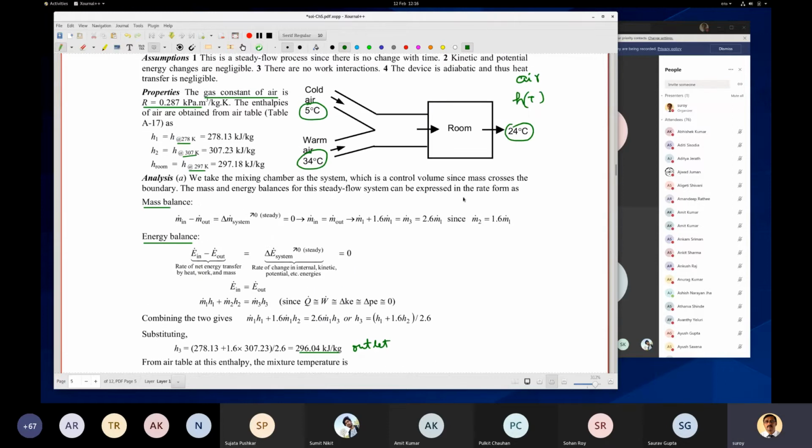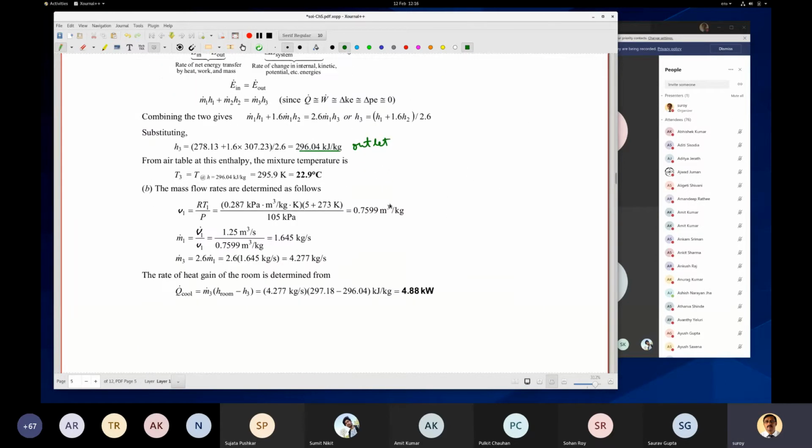So it is 24 degrees centigrade, and the mixture temperature is 22.9 degrees centigrade.